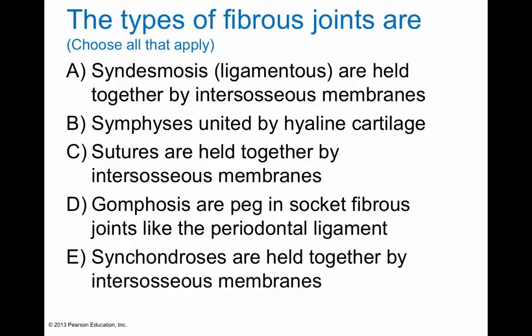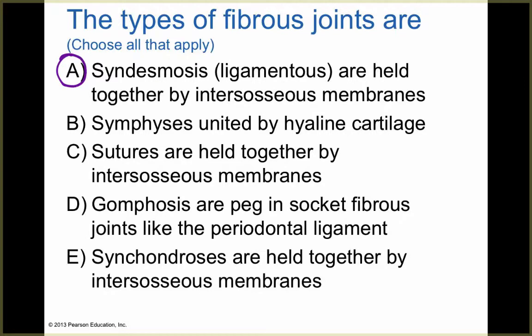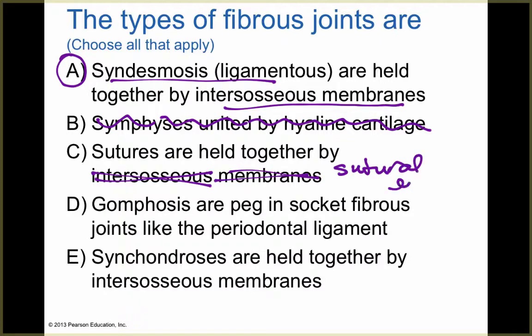So, A is correct. The name of the type of fibrous joint is there, and it's held together by those types of membranes, right? Symphysis is something we have not even talked about. We will hit on that here in a few, right? Sutures are held together not by these types of membranes, but by what's known as a sutural ligament. So that would be wrong.